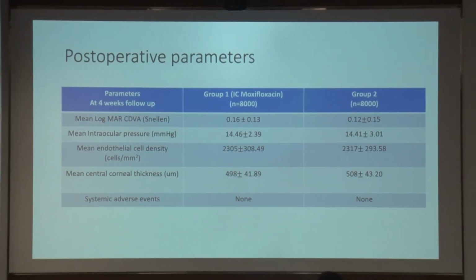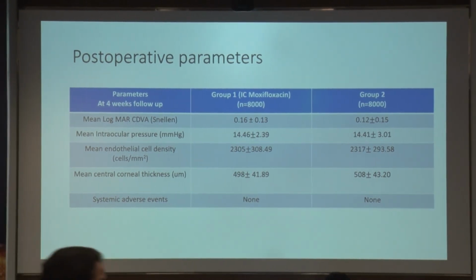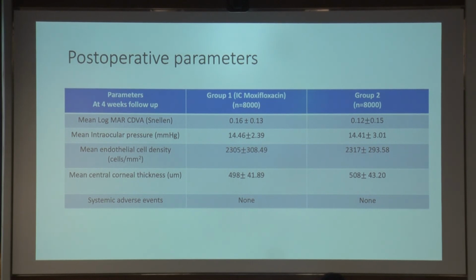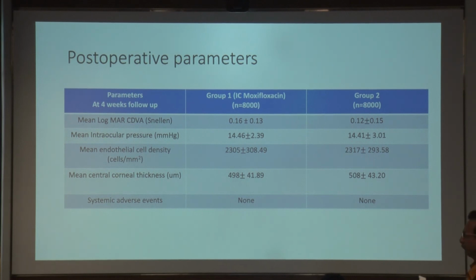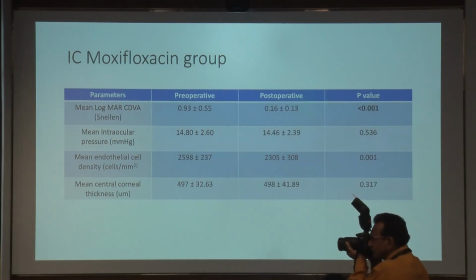There were complications, and we have to do a sub-analysis of what happens in the complicated cases. But overall, the visual acuity, post-operative IOP, endothelial cell density, CCT, and systemic adverse events showed no difference between the two groups, which means moxifloxacin is quite safe as far as endothelial health, intraocular pressure, and CCT are concerned.